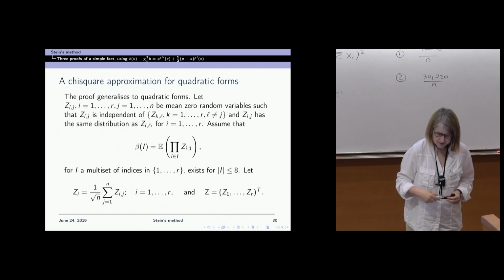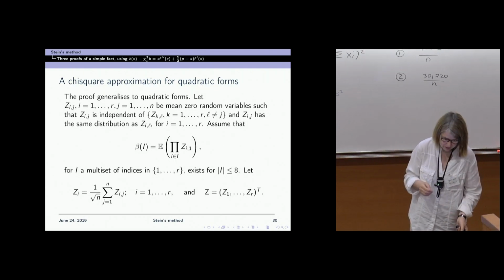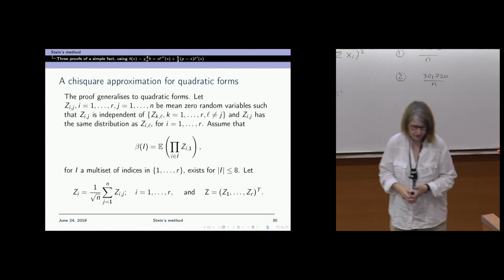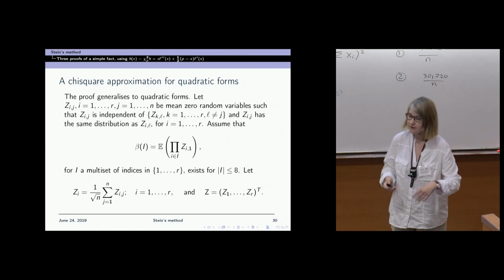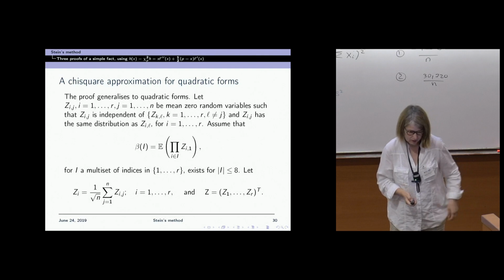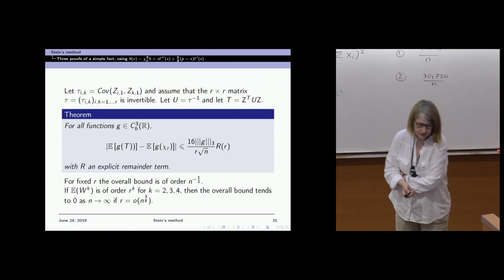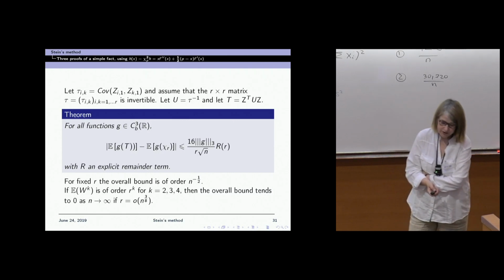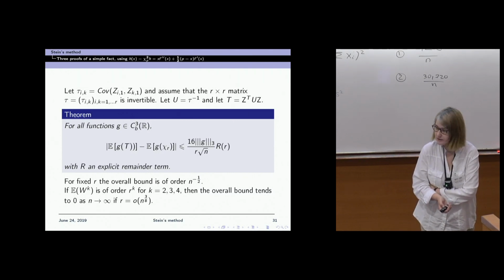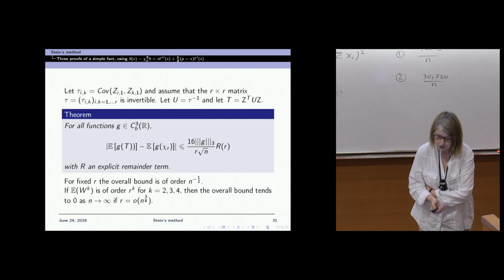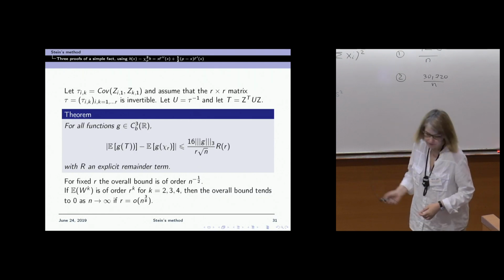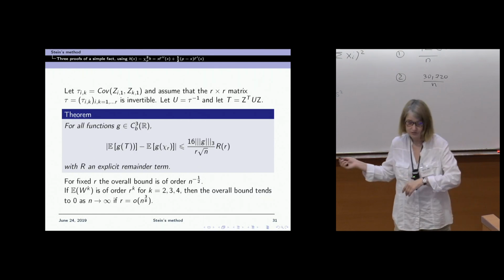And then Zi is the standard normal scaling of the sum of the Zij, and Z is the whole vector Z1 up to Zr transposed. And Sigma is the covariance matrix, and we assume that it's invertible, and we call the inverse U. And T is Z transpose U Z, this form.